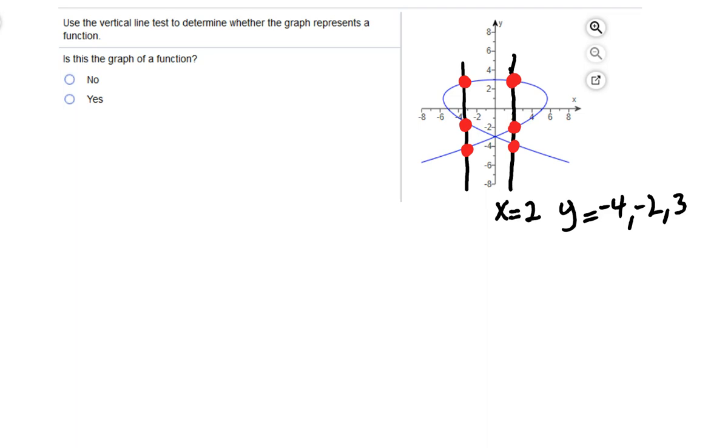A function should have every x having exactly one y. So for this example, it's not a function because the vertical lines cross the graph in more than one place. In other examples that might be functions, if it only crosses the graph in one place, then it is a function. So for this example, it is not a function.